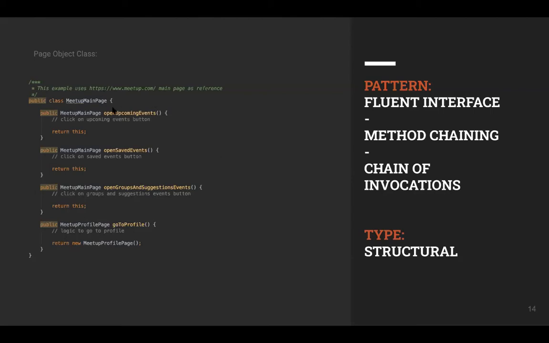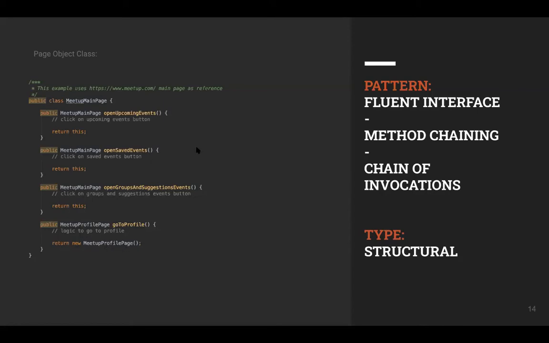If you are staying on the same page, you can return the same object of your page object, and you're returning this. So it means you're returning the same object. But for example, if you go to some other part of your application, to profile, you can return a new page object, the meetup profile page.